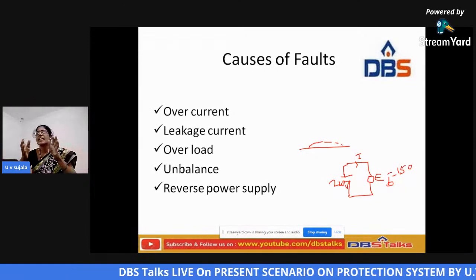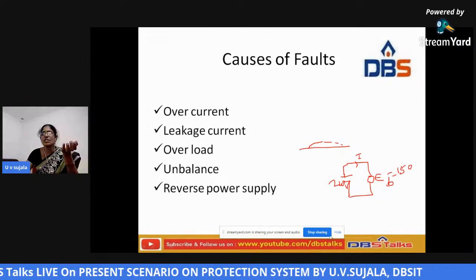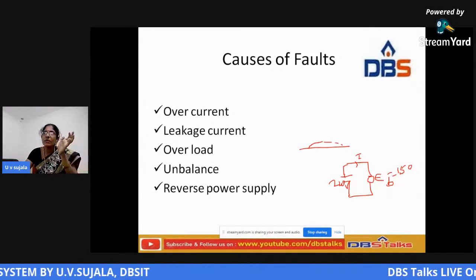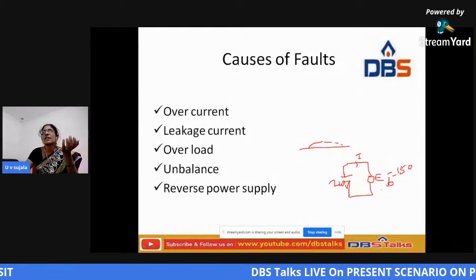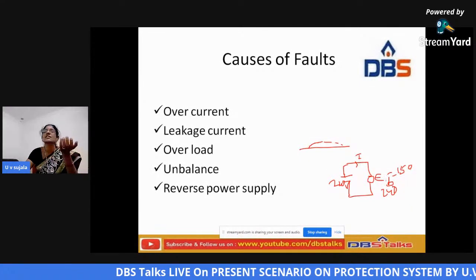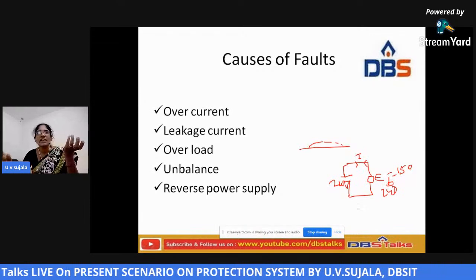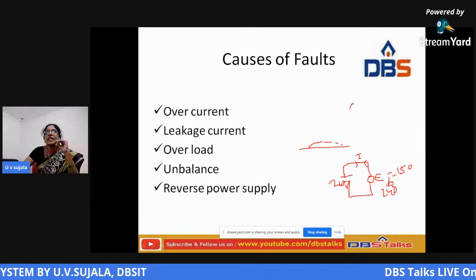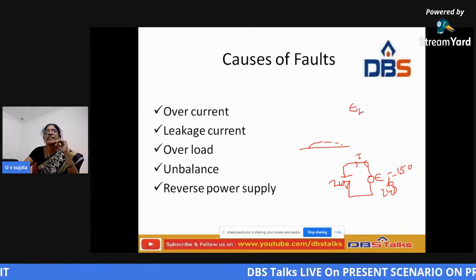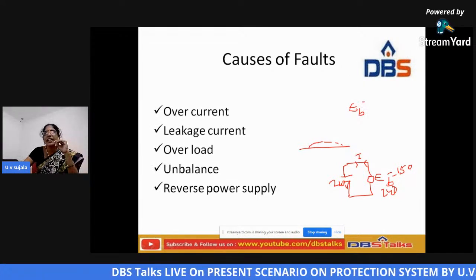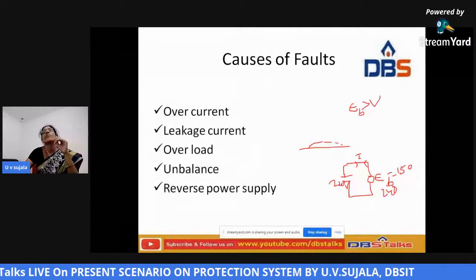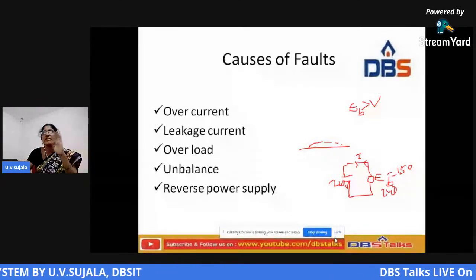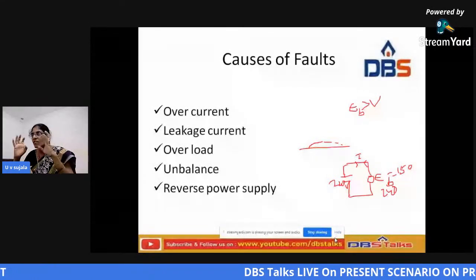Then EB is less than 220 volts, and the current flows like this. Whenever EB is more, suppose it is taken as 240 volts, then the current will be in the reverse direction, reverse power supply. That means whenever EB is greater than the supply voltage, the current reverses. Normally the back EMF is always less than the supply voltage.